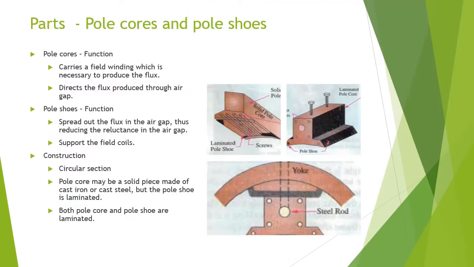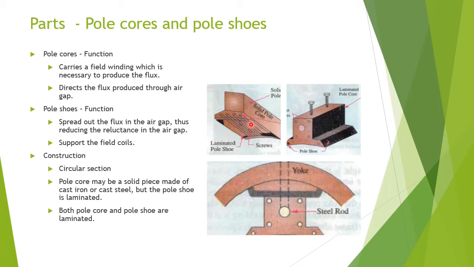The next part is the pole cores and pole shoes. These pole cores and pole shoes are attached to the magnetic frame or yoke. The pole core may be a permanent magnet or an electromagnet. For an electromagnet, we have to wind coils and give supply to the coils in order to make it an electromagnet.